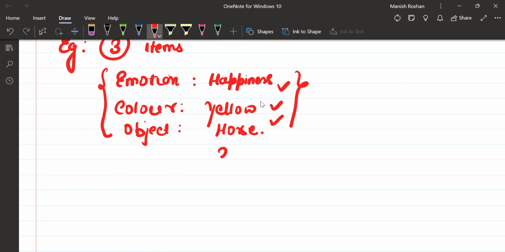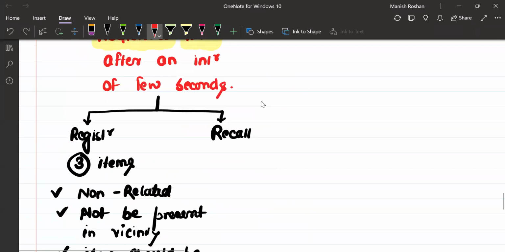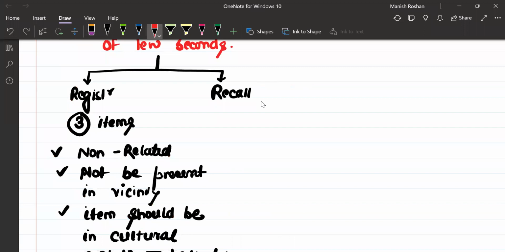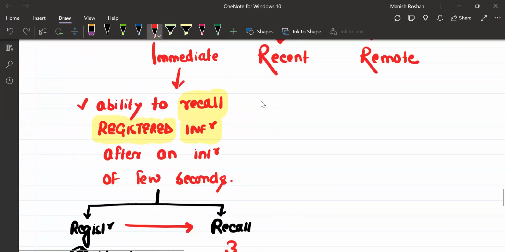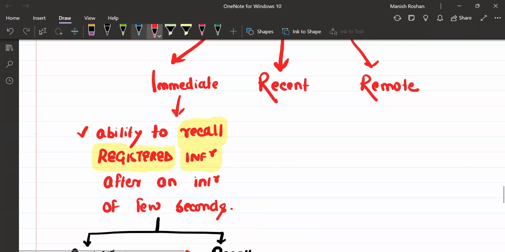If the patient repeats 3 out of 3, you can say registration is 3 by 3. Then after some time, according to Black, you have to make the patient recall these 3 words. If the patient is able to recall 3 out of 3, you rate 3 out of 3. Or if the patient recalls only 2 out of 3, rate it as 2 by 3 or 1 by 3 accordingly. Fine. So this is the immediate memory.